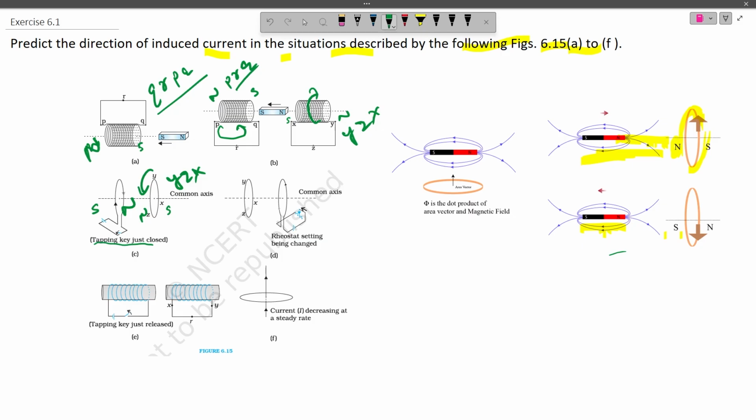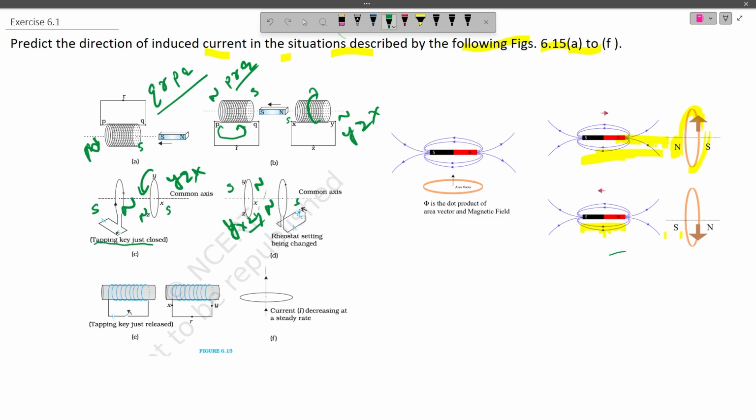If the current is increasing over here, a north pole will be created over here and a south pole over here, so a north pole should be created in this coil over here and a south pole over here. Since the YX section is much nearer to us, in order to create the north pole, the current must flow through YXZ and again Y.